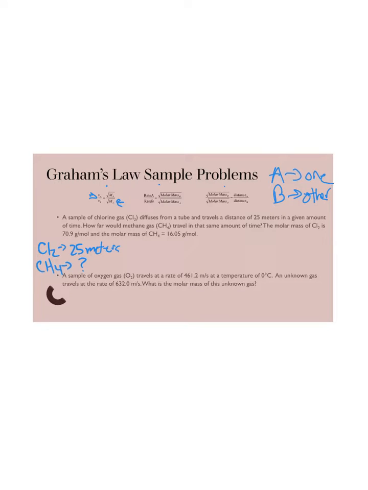So you look up to the top and say, oh, I need to use this equation. Let's describe chlorine as A, and methane as B. So the molar mass of B is CH4, and I identify that.